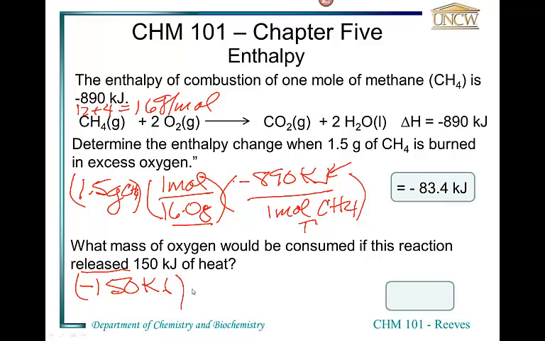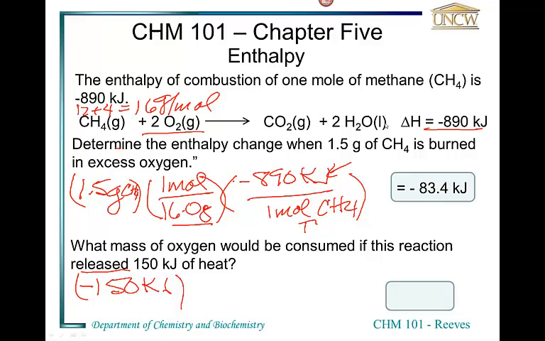Now, what's the relationship between the energy produced and the amount of oxygen that's consumed? Well, you can see that the relationship is minus 890 kilojoules per 2 moles of oxygen, because 2 moles of oxygen are consumed when 890 kilojoules are released.